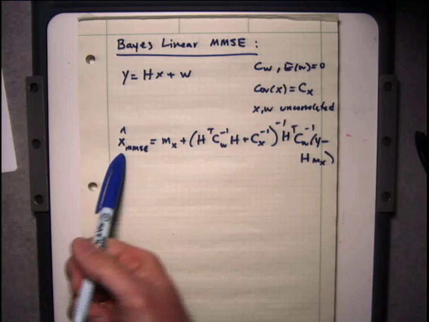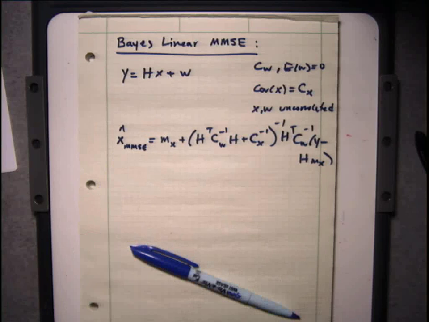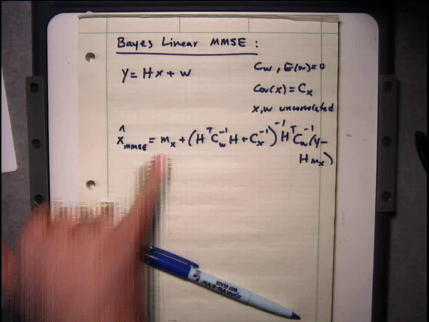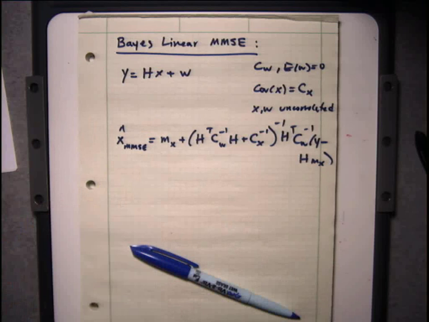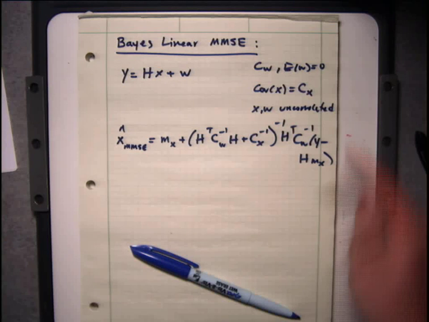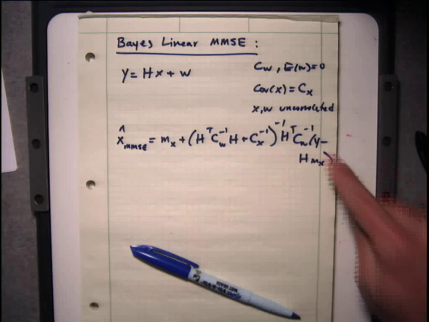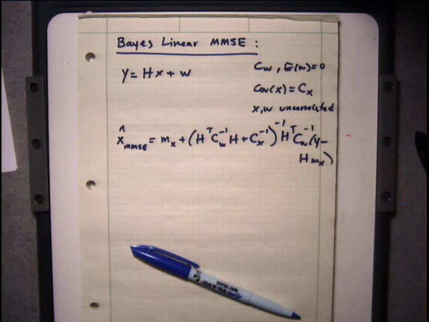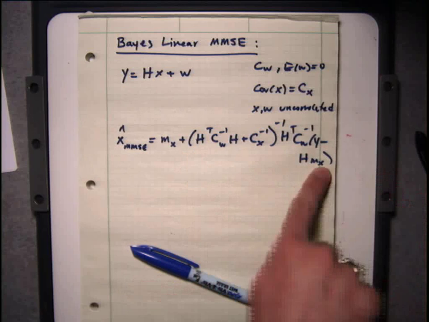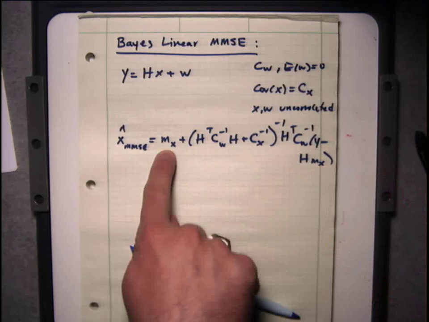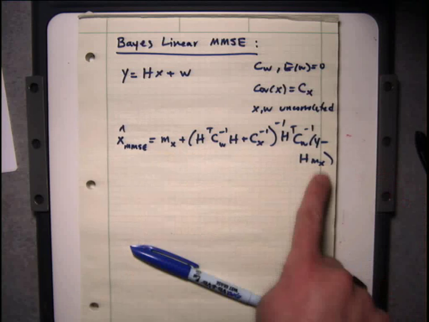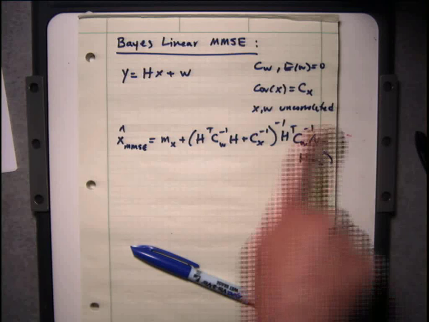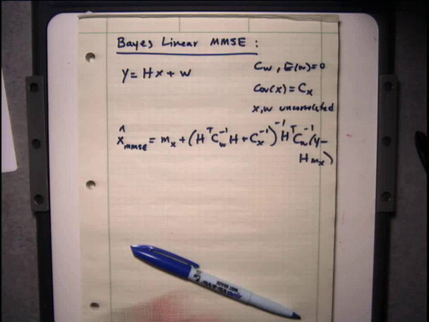So the best estimate in the minimum mean squared error sense was given by the mean of x and then a correction term. This whole term is basically like a gain, and this is the deviation from that estimate mx, which might have been the estimate if you didn't have any other information. So this is how good that estimate was and a correction factor applied to it.